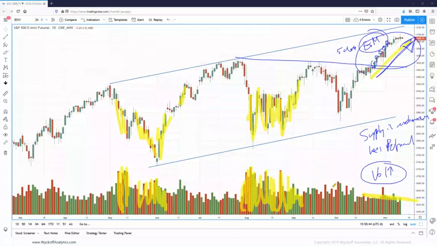And then again here. So now that we've visualized where they bought, what are they buying? They're buying value, they are buying by value investors.